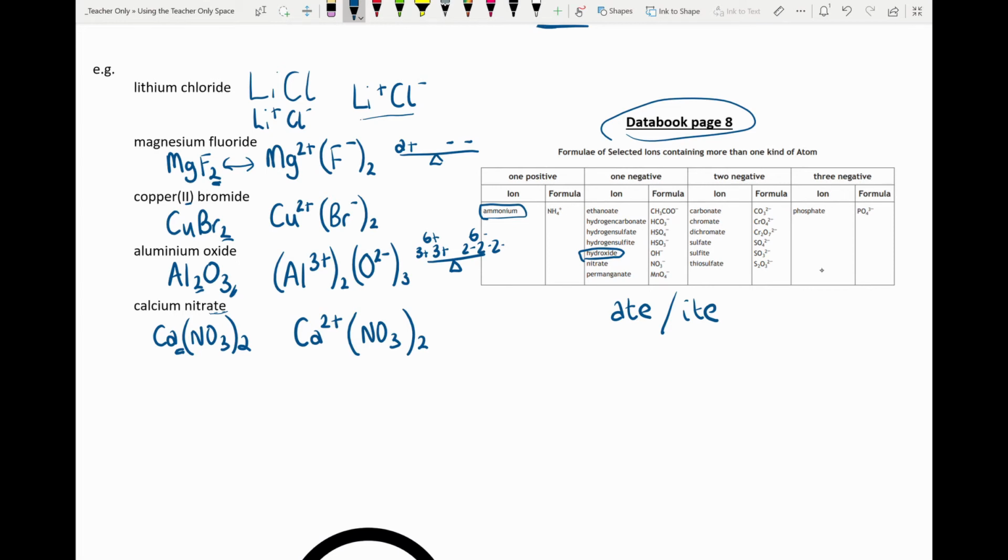If you have a look up here on your data book page 8, nitrate is NO3-. And all you're going to do is literally just copy that over to NO3- like that there. And that's an ionic formula. So this takes a little bit of practice, but it's really just taking 2 skills that we should already have at this point and merging them together to make one type of question.